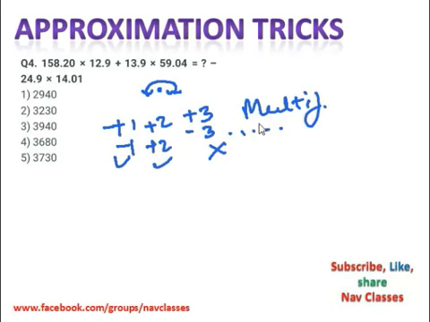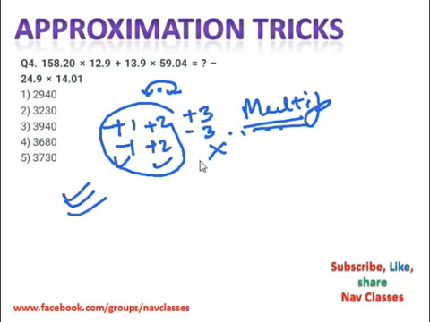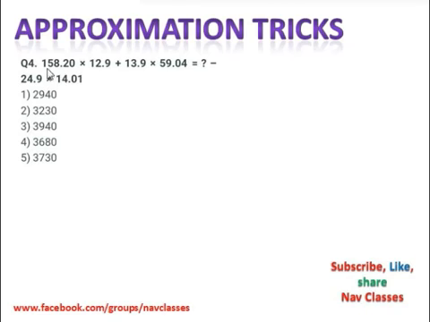This is the multiplication trick: in the question you are not going to make bigger changes, because that will definitely affect your answer, because in multiplication the answer multiplies and becomes bigger and bigger. That would not be the case in your questions. So do this: 158.20, you are not going to make it 160. So please get afraid out of that.